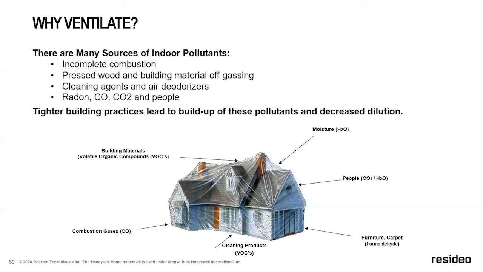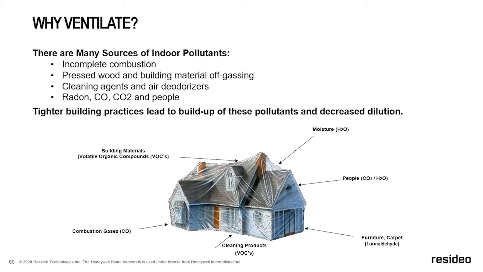And when that happens, you're going to have a buildup of things that cause VOCs like building materials, combustion gases like carbon monoxide can increase, carbon dioxide and moisture from people breathing, cooking, showering. If you're using cleaning products, those VOCs can tend to linger around within the home. And then furniture and carpentry can increase the formaldehyde within the home. So you really want to ventilate.